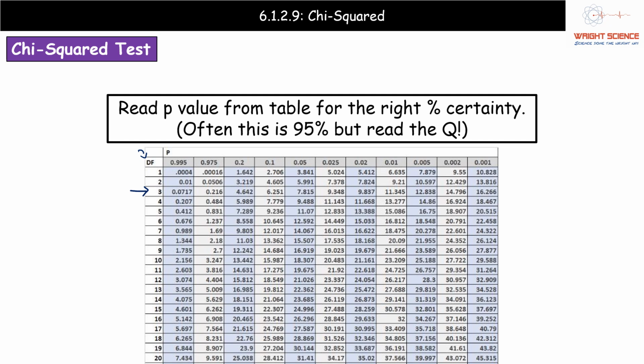So what we'd be looking for at 95% is going to be 0.05. Because obviously if you do 95 divided by 100, that gives you 0.95, and therefore we're looking at the 0.05, the difference between that and 100. If we were having a look at, say, 90%, then what we would be doing is having a look at the 0.1 column next to it.